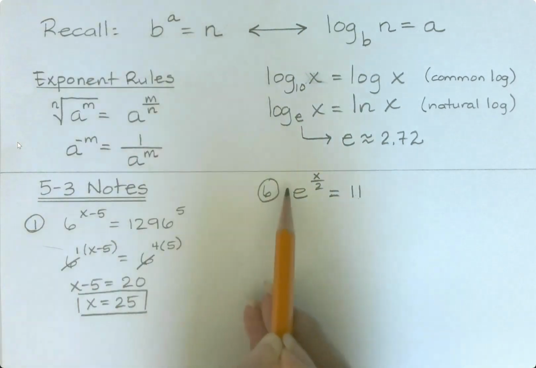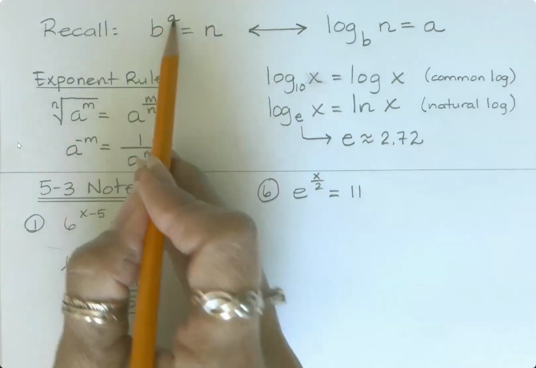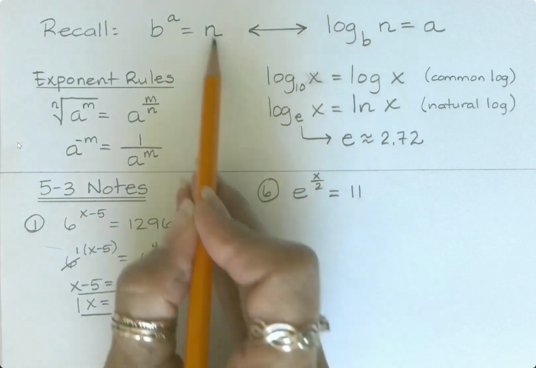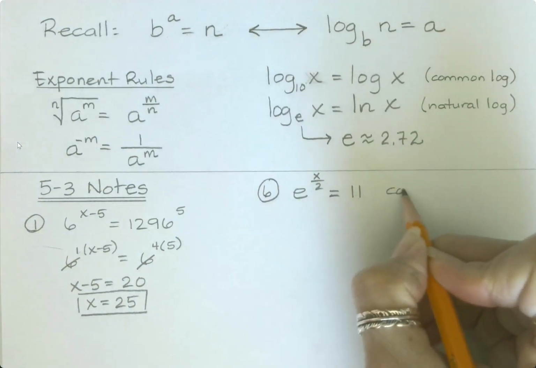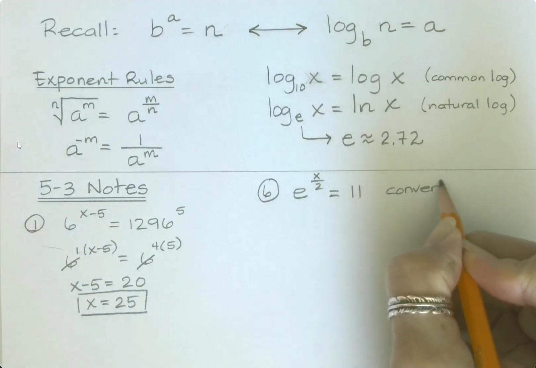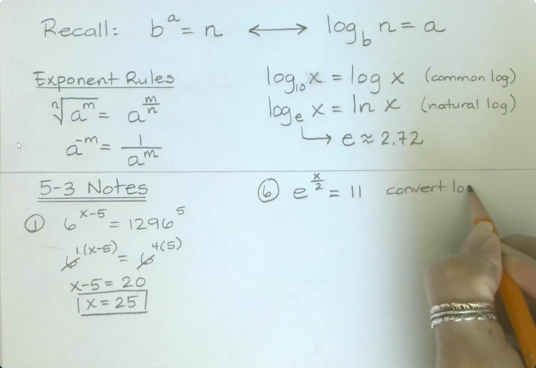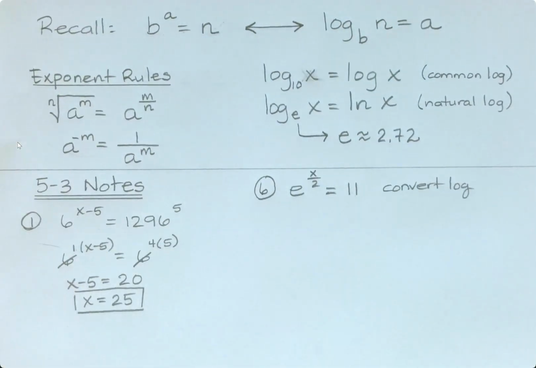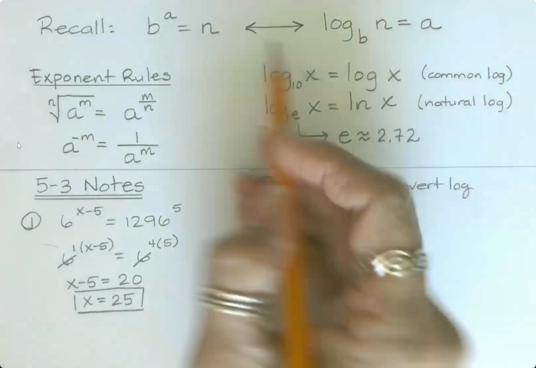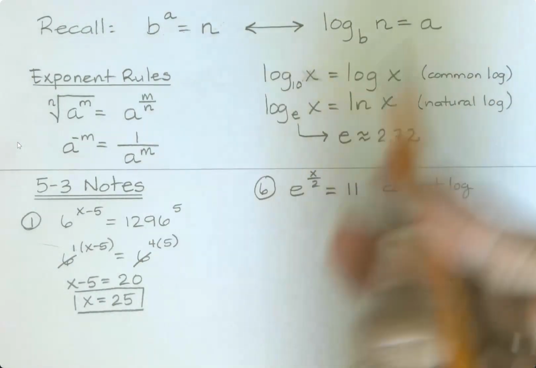Our b is our e, our a is our x over 2, and our n is our 11. So it's written in most basic form. So what I need you to do is to convert to log, because the common bases approach is not going to help us. So let's convert to log. So from here to here.